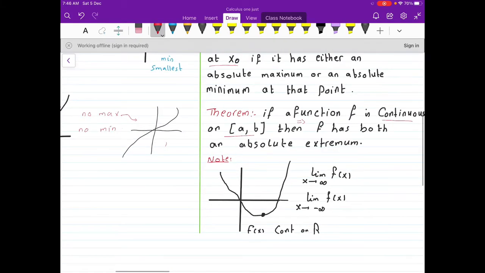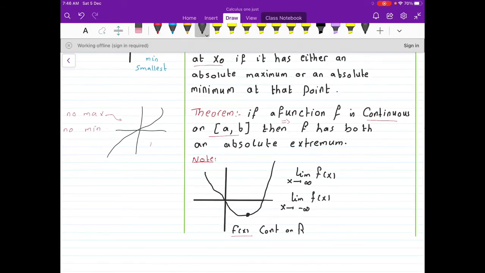Okay. This function f of x is continuous on R. Now, if you want to find the limit as x approaches infinity, it is obvious from the graph that as x approaches infinity, the graph approaches infinity. And the limit of f of x as x approaches minus infinity, look at the graph, as x approaches minus infinity, it also goes to infinity.